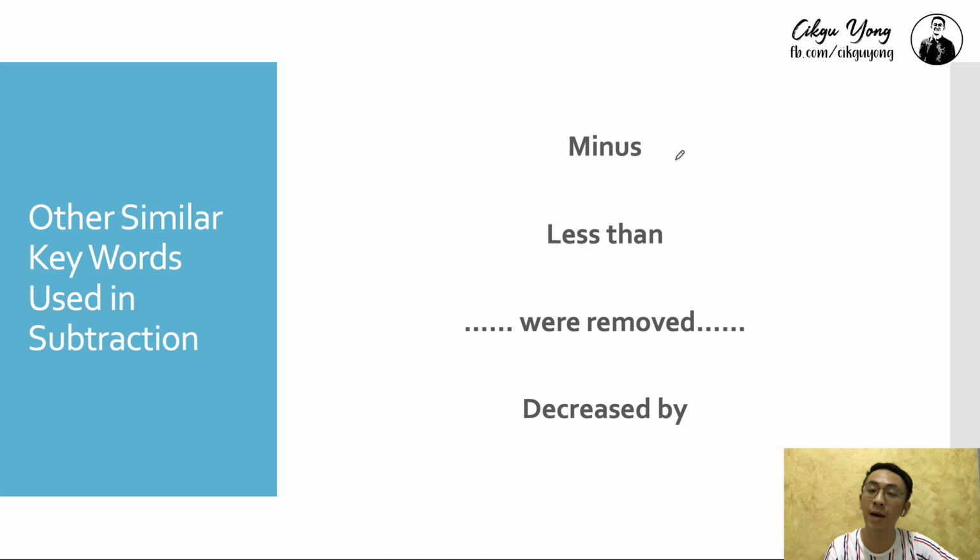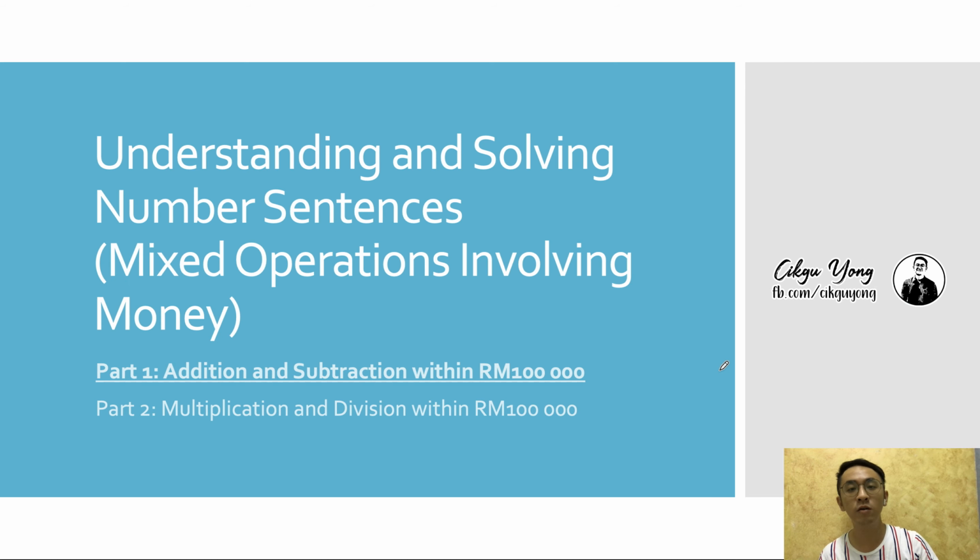Whenever you see minus, less than, how many items were removed from wherever, or decreased by how many items, these are the few words that you can find in most of the questions involving subtraction, right? So again, in this video series, we are trying our very best to go through the examples and find some keywords and decide which operational signs we are going to use to solve the questions.